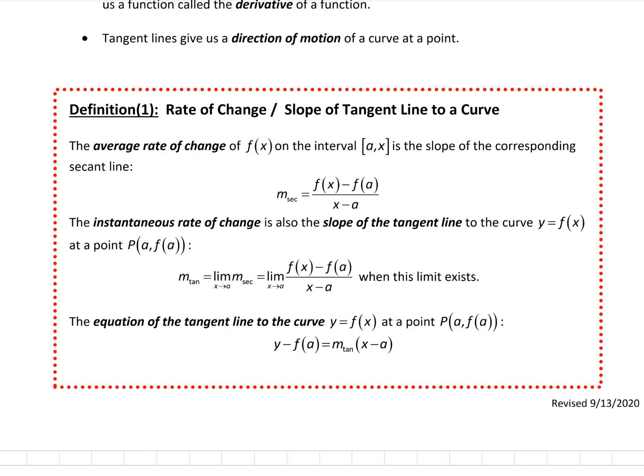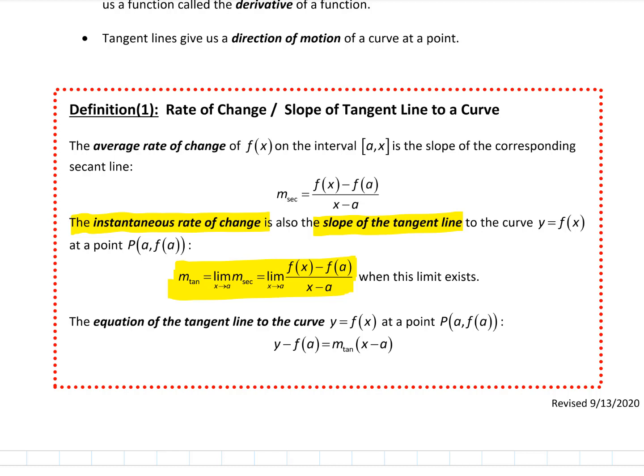But that instantaneous rate of change, also called the slope of the tangent line at a point, is given right here. I'll highlight that to make it very bold on this page. That instantaneous rate of change, the slope of a tangent line to a curve at a point, is given this way. This is our first definition of it.